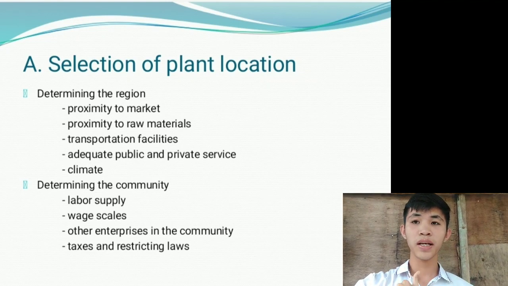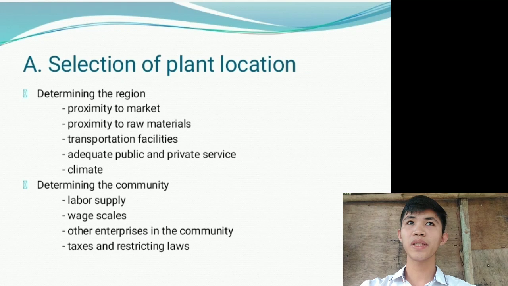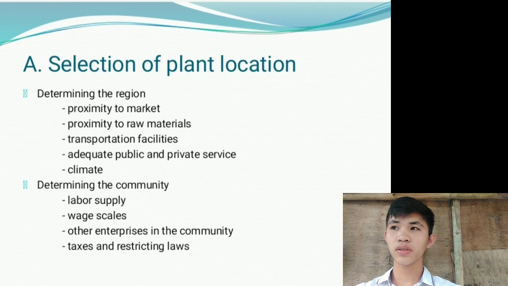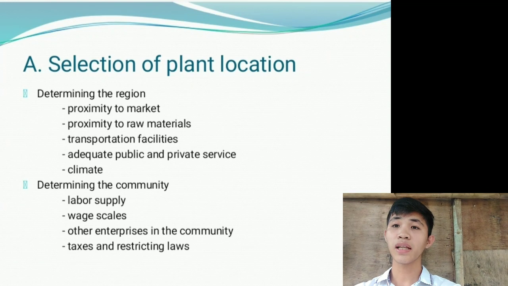So we must put in mind that the place where we build a business, the municipality or the town, the city or the province, has a huge factor when it comes to the taxes and their laws.